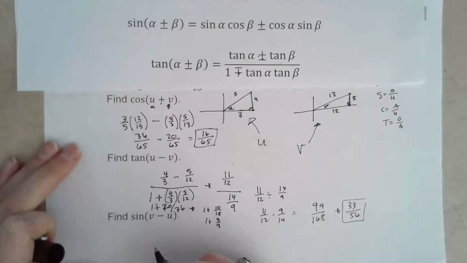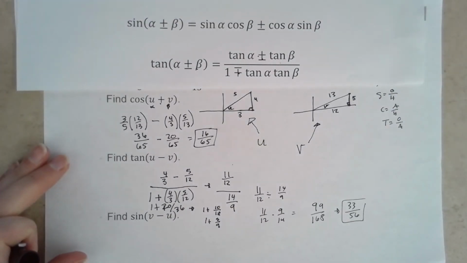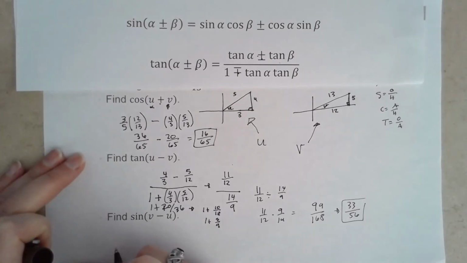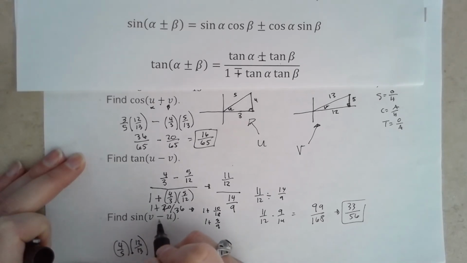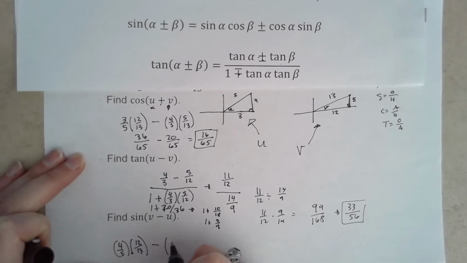Okay. So this one we would have, okay, so this is sine, so we need sine of our first one, so 4/5, and then we need cosine, so 12/13, minus, so it's going to remain minus, cosine, so 3/5, and sine, 5/13.